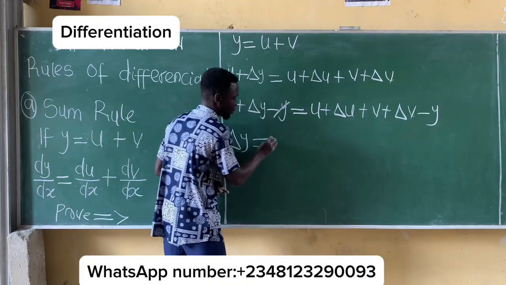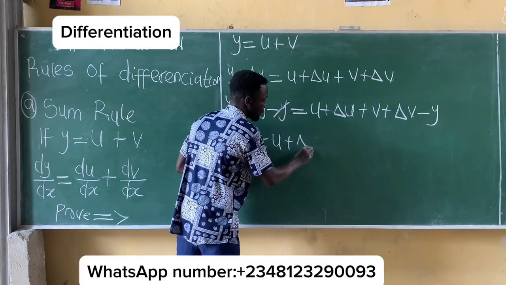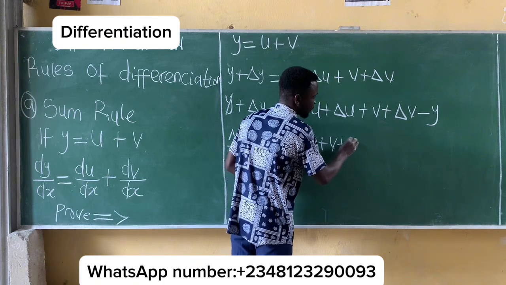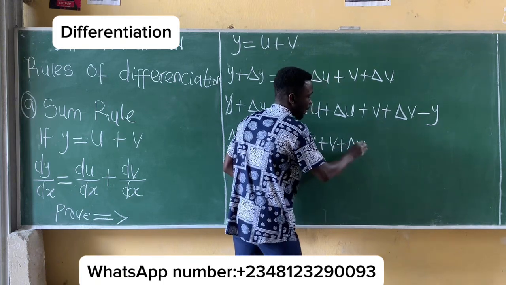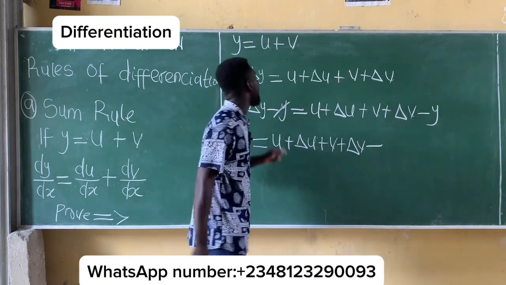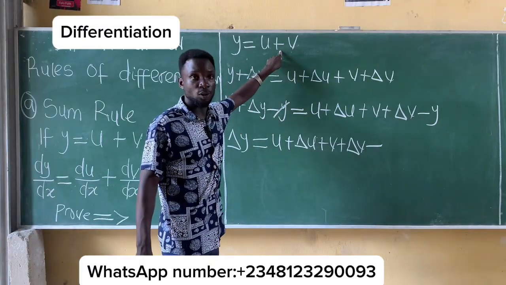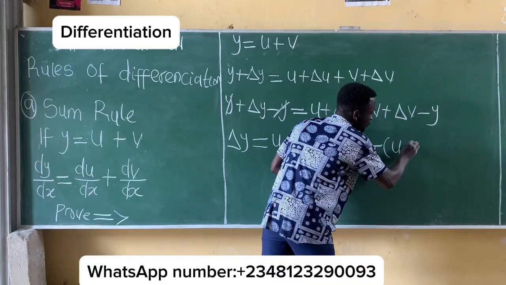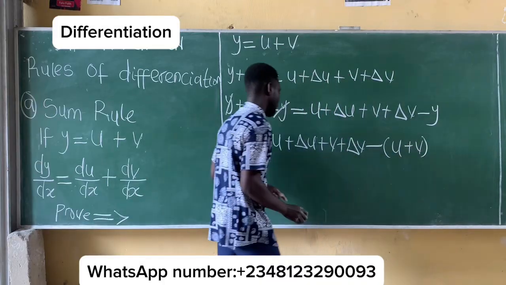Now what is our y? y here is equal to u plus v. So this becomes minus u plus v.